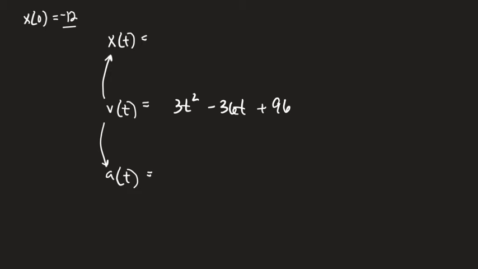Okay, what you should have gotten, and I saw it on almost every paper, is t cubed minus 18t squared plus 96t. But here's where I have to stop you and remind you that if there was a constant here, it would have disappeared in the process of the derivative. When you take the antiderivative, when you work backwards, we have to leave something here to indicate that there might have been a constant there.